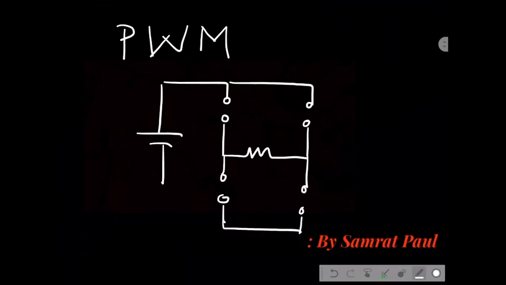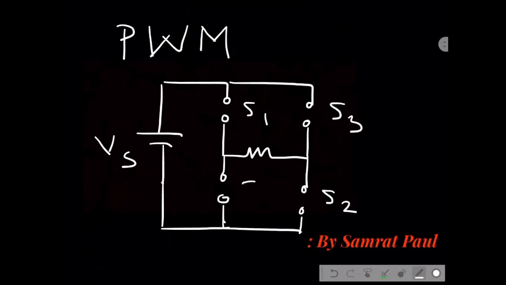We name the switches S1, S2, S3, and S4, with the supply Vs. When we switch on in the inverter circuit, suppose S1 and S2 should be on, and then S3 and S4 should be on, right?